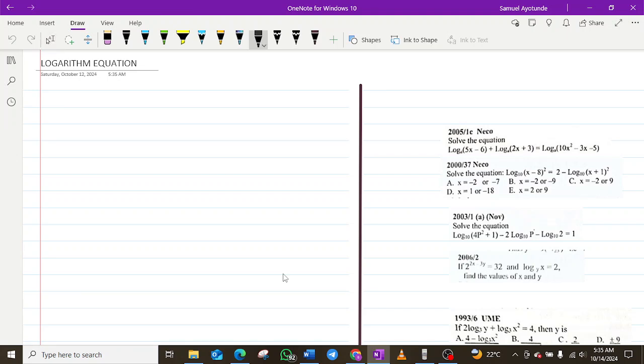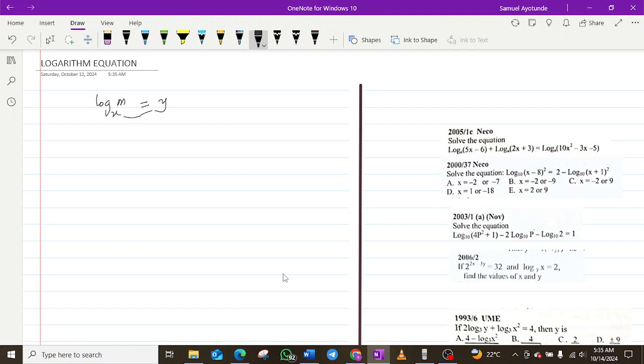So, what do I mean? If I have log base x with an argument m is equal to y, what we have on the other side, we call it the exponent.